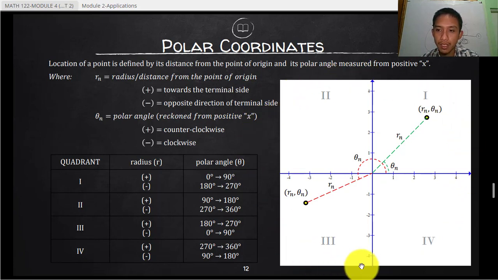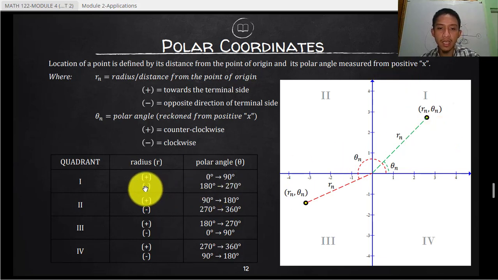One complete rotation is 360 degrees. So your point will be on the first quadrant if you have a positive distance and an angle which is 0 to 90.